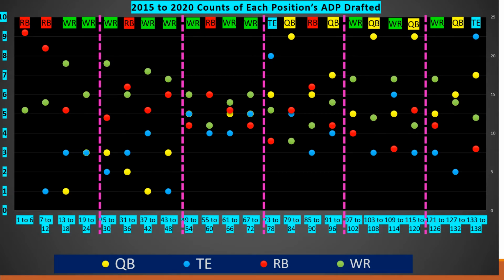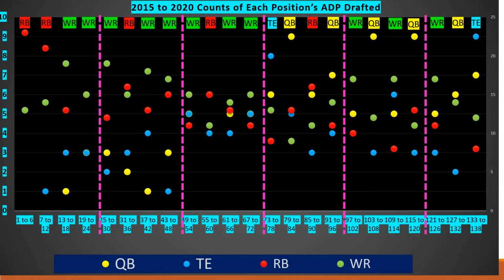I have this chart, and to me it's colorful. I do like the colors. Yellow is quarterback, blue is tight end, red is running back, and green is wide receivers. So you can follow here. I've got 4 segments and a pink line, so you can see what's going on within segments.